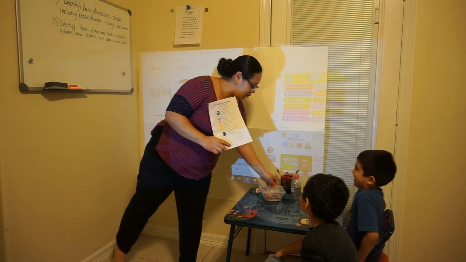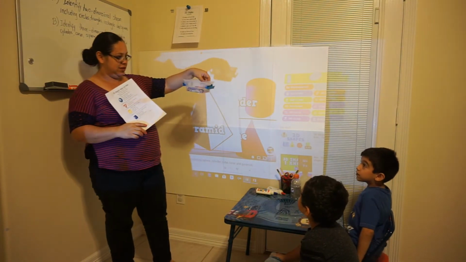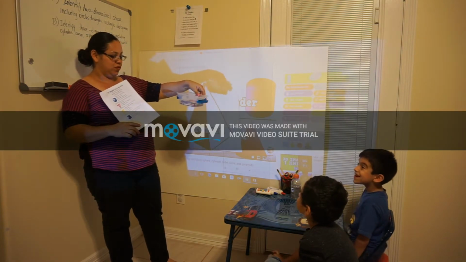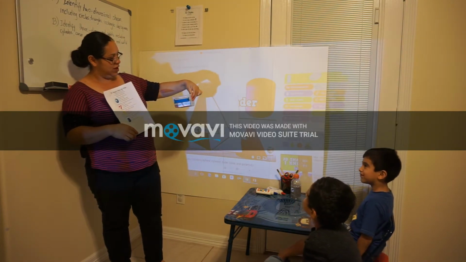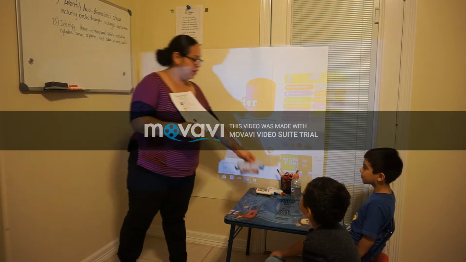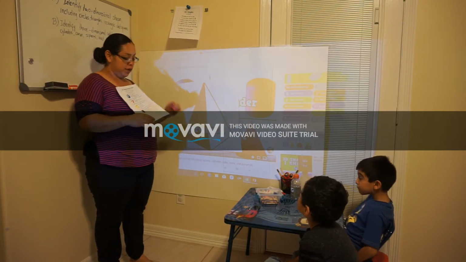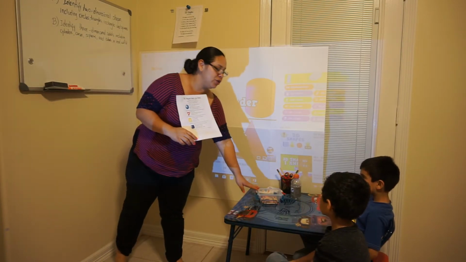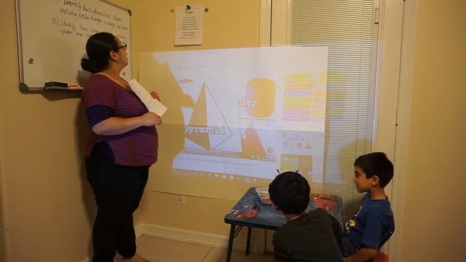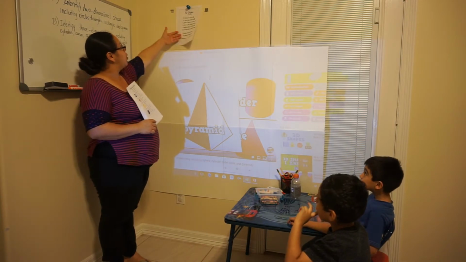And what shape is this? No, it's a cube. In 2D it is a square, but in 3D this is called a cube, okay?